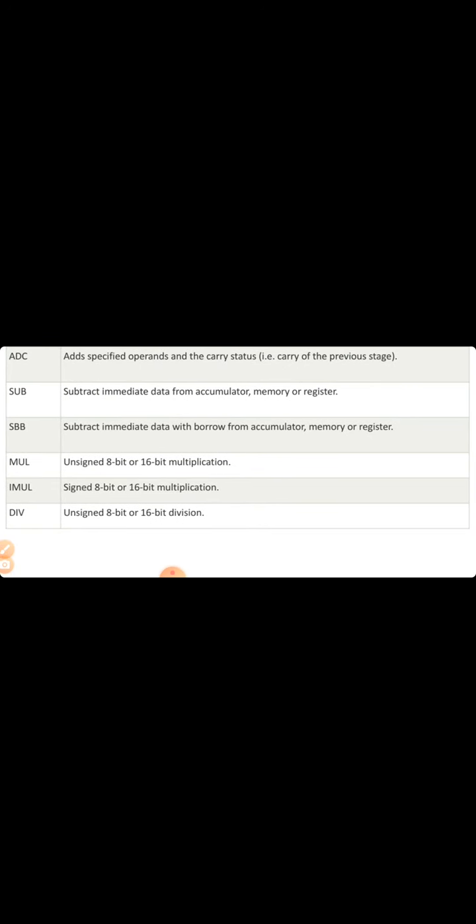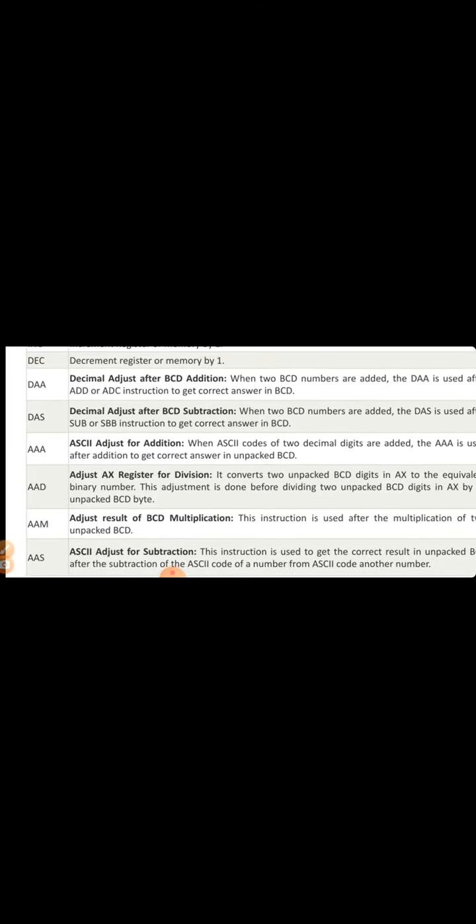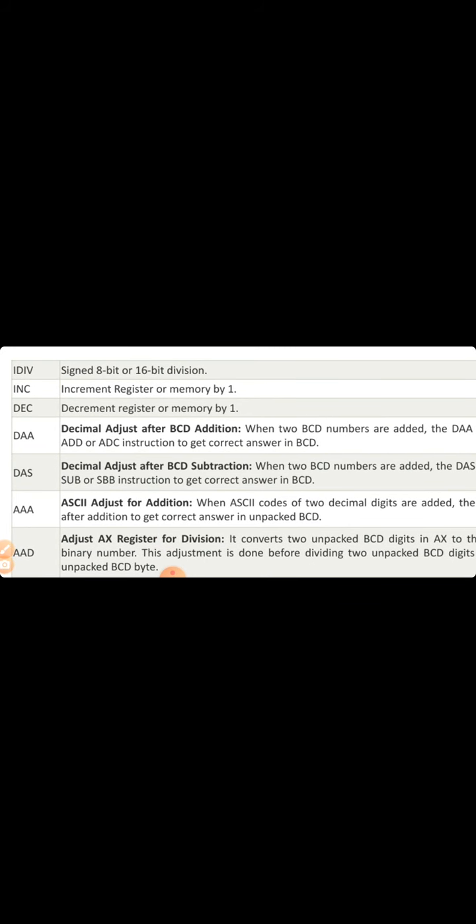DIV performs unsigned 8-bit or 16-bit division. Now IDIV performs signed 8-bit or 16-bit division.